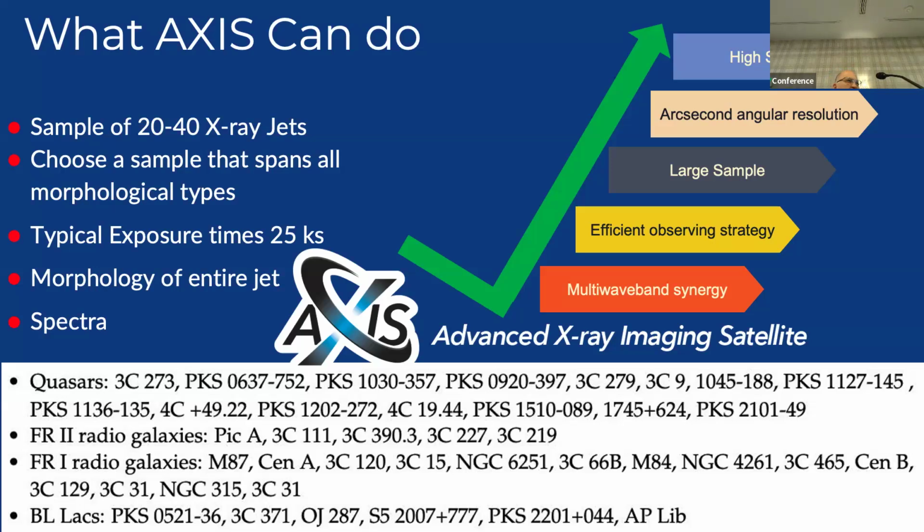Now, there is a problem. IC-CMB, at least at low redshift, requires the jet to be beamed, and it requires a small viewing angle. Add to that the fact that the resolution needs to be high. And if IC-CMB is energetically important, you have what's called the Compton rocket effect.